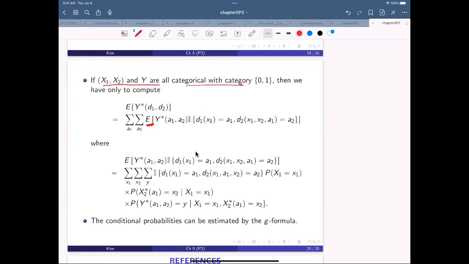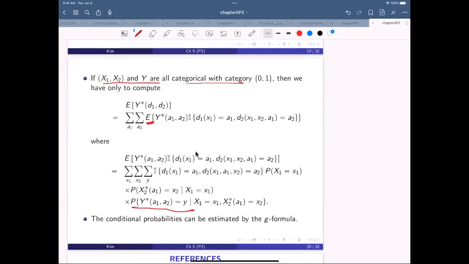And then you combine. Oh, okay, right. Because the expectation for binary Y is a probability, that's why we have a probability here. So then it becomes an expectation.